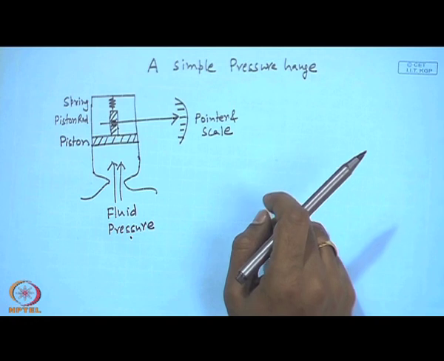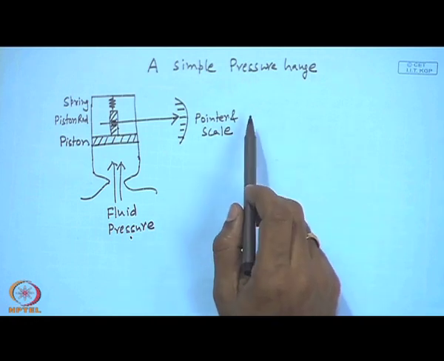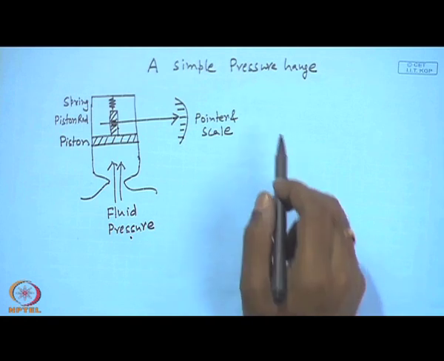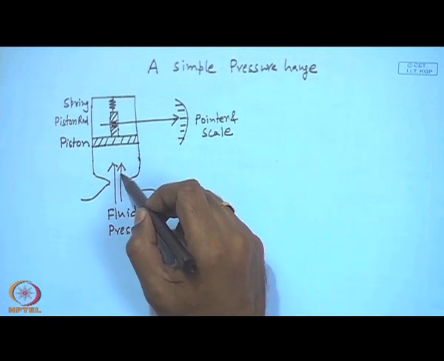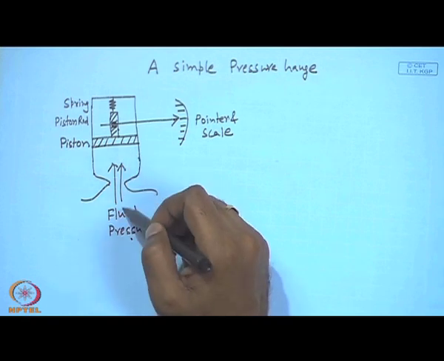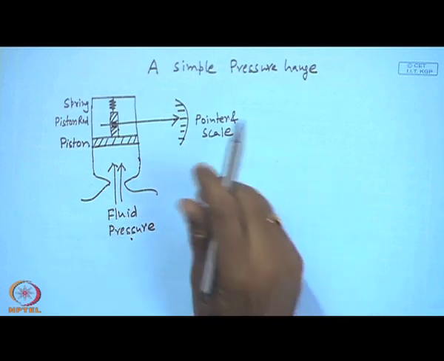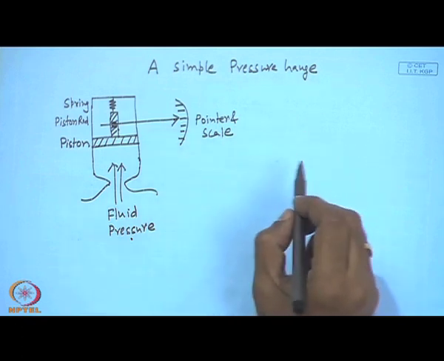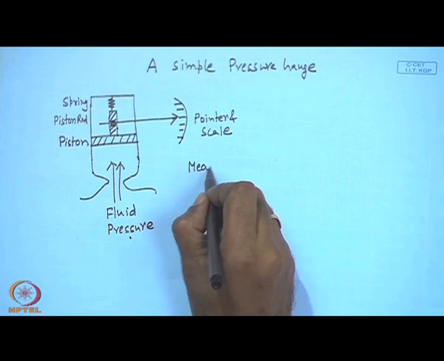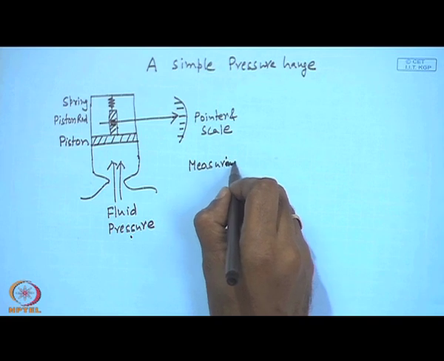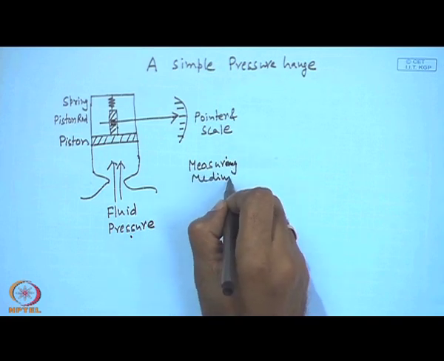So, let us now try to analyze the instrument by breaking down into its various functional elements. So, piston rod, which first interacts with the measuring medium, receives the information about the fluid pressure. So, this is of course the primary sensing element. So, we have measuring medium, which is fluid pressure here.